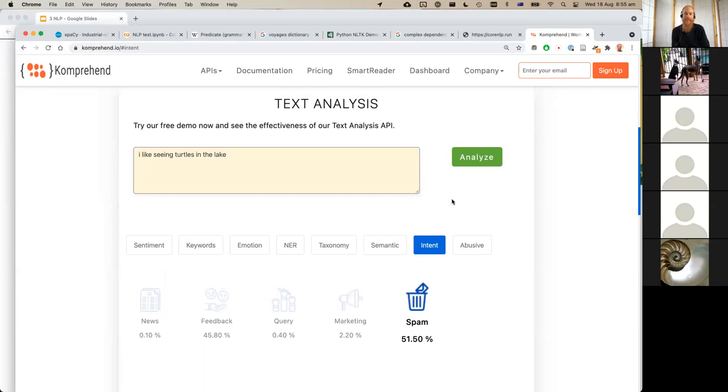So the intent labeling here looks like it's performing like a spam filter or a categorizer on something like an email system. So if an email came into a messaging system that had this, it's likely to end up as spam because it doesn't seem like it's meaningful English communications.